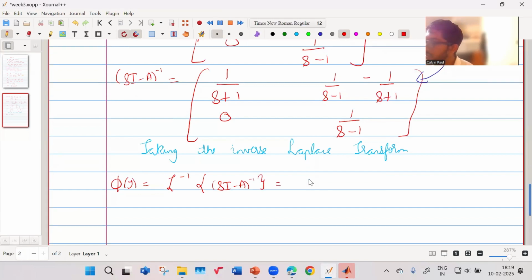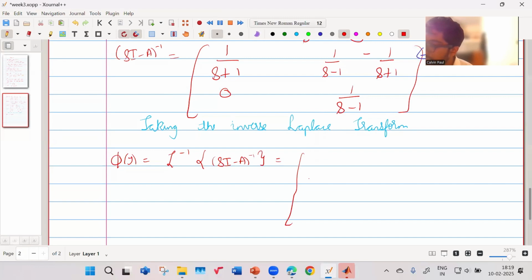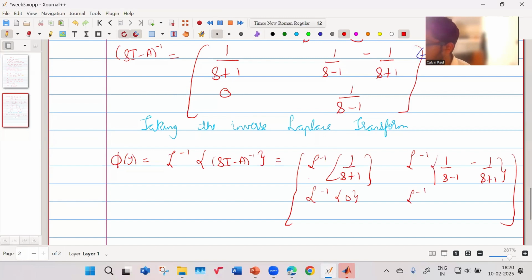That is the inverse Laplace transform of 1 upon s plus 1, the inverse Laplace transform of 1 upon s minus 1 minus 1 upon s plus 1, then the inverse Laplace transform of 0, and the inverse Laplace transform of 1 upon s minus 1.